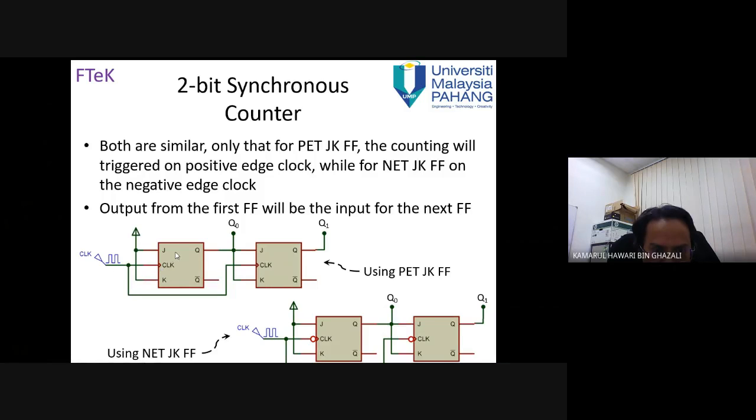This is the clock for the first JK flip-flop, and this is the clock for the second JK flip-flop. This one is the positive trigger. How do we know this is a positive clock? Because there is no bubble here. And this is the negative edge trigger JK flip-flop because we have the bubble here.